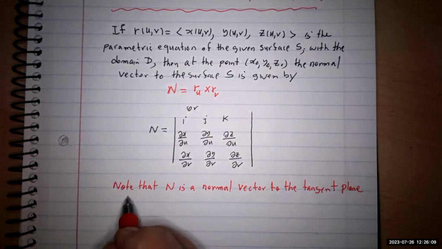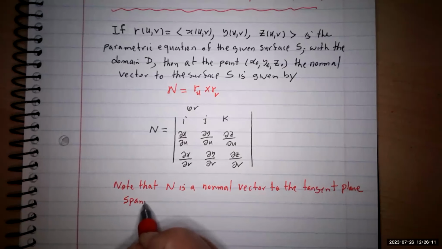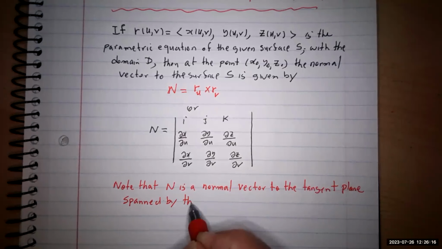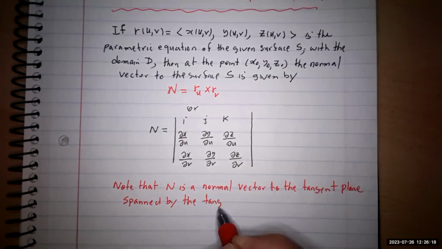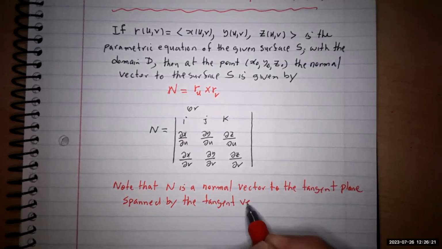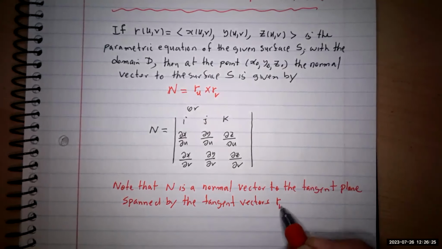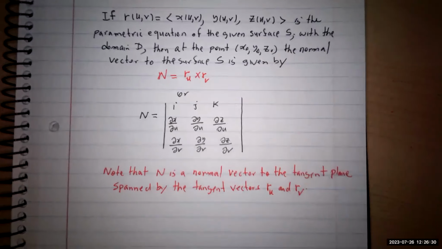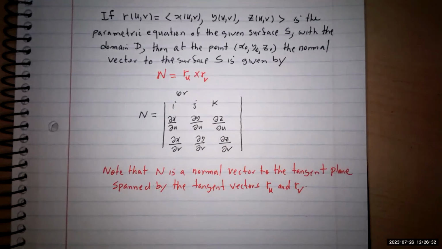The tangent plane is spanned by, or generated by, the tangent vectors, and they are r sub u and r sub v. That's the idea of the normal vector. So the normal vector is going to be perpendicular to the plane that would consist of the combinations of these two vectors.